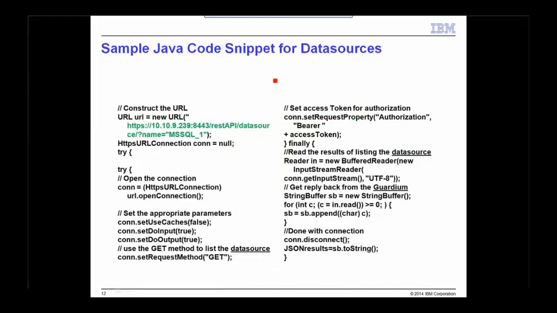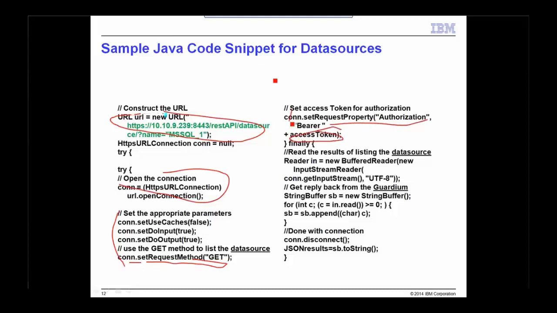Very simply, here's a code snippet. This is a piece of my Java code. I put in my Java URL, then I open a connection to the Guardium appliance and set the appropriate parameters. If I want to get information, like a listing, I'm going to use a get, so I set the request method as get. I need to put in my token.